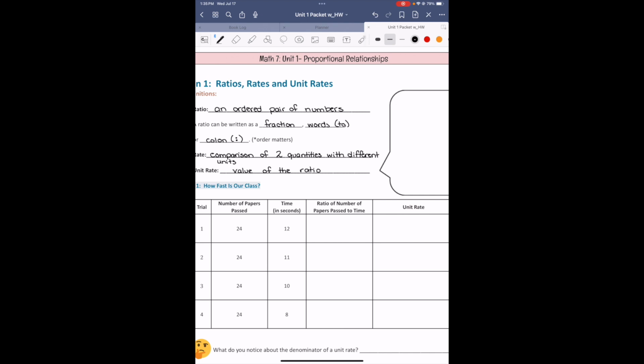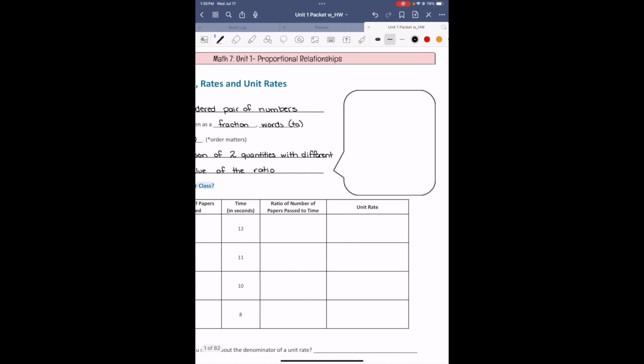Now off to the side in our little box, we're going to put some examples. So I'm going to write examples up top. The first example we're going to give is on our ratios. So if we have a ratio of 3 to 4, I could write that in words, exactly like how I said it, 3 to 4. I could write it as a fraction, so 3 over 4, or with my colon, 3:4.